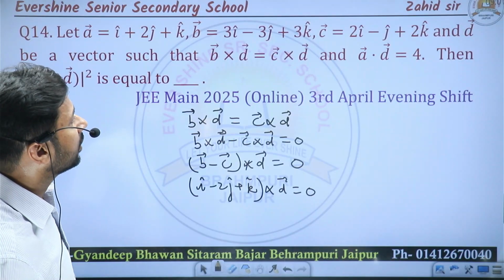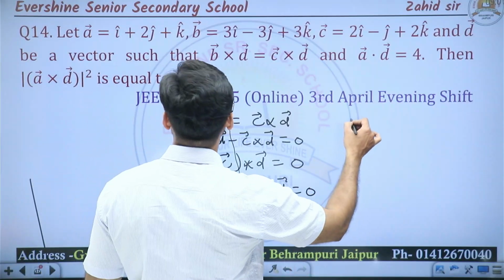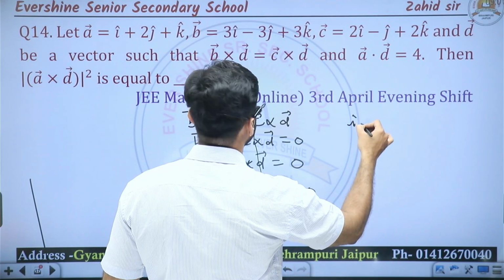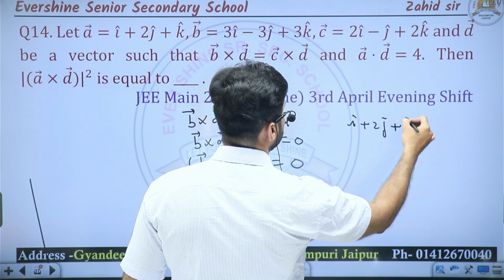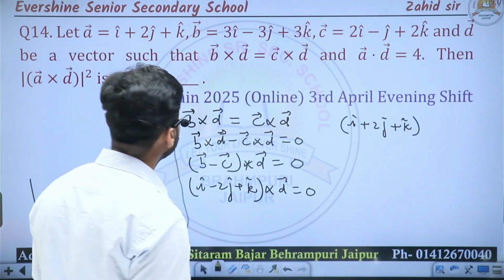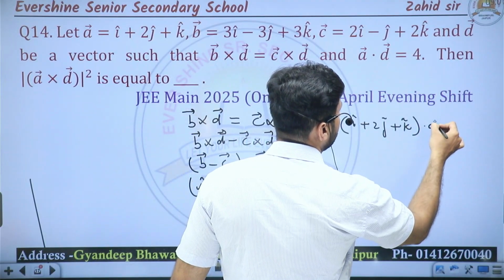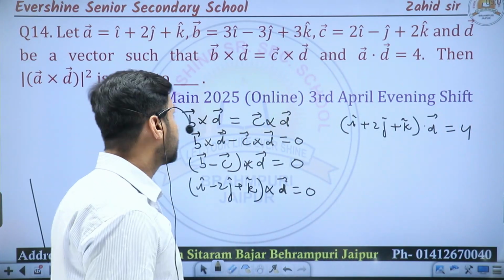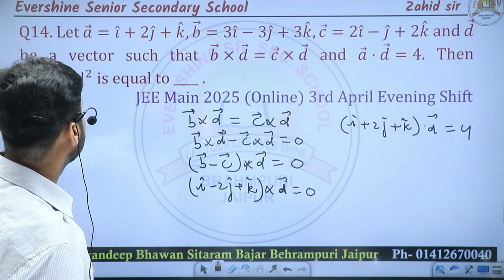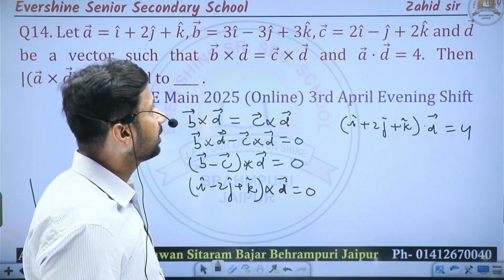Next, a dot d is given, which is equal to 4. A is i cap plus 2 j cap plus k cap. This is the value of a. So a dot d equals 4. This is another condition, and I need to find this one. So I have these two conditions. I'll simplify them and find the answer.